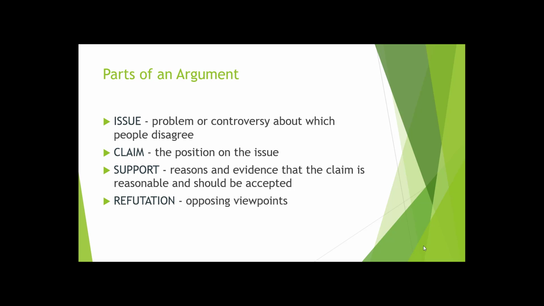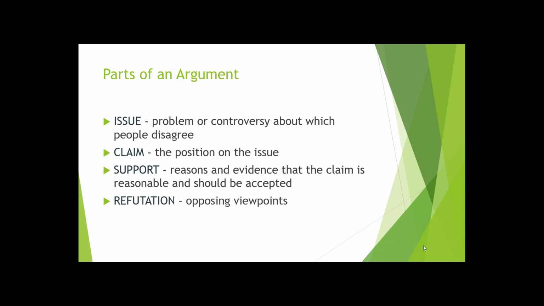So, the parts of an argument. First up, the issue itself, the problem or controversy about which reasonable people may disagree. Then the claim, which is your position on the issue. The warrant, which we're going to talk about in more depth next week.